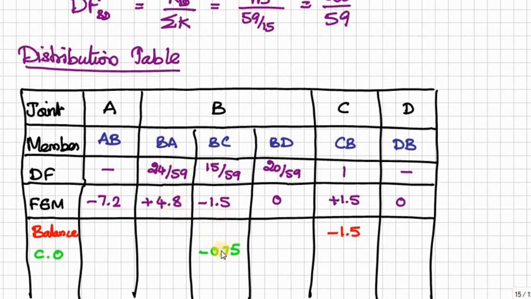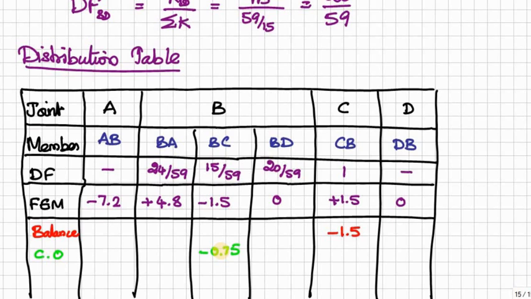So, add these three. The net moment is equal to plus 2.55. In order to satisfy sigma m at B is equal to 0, we have to apply minus 2.55, so that the moment at joint B is 0. Algebraic sum of moments will be 0.